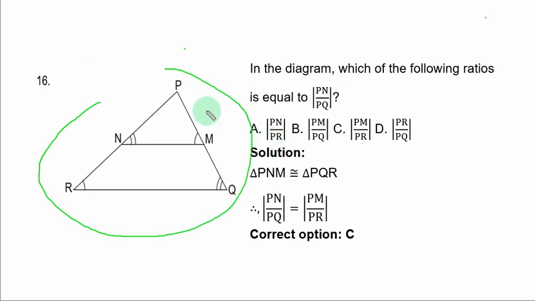So if you have PN over PQ, it simply means that it is PM over PR. PN over PQ is equal to PM over PR. C is the correct option.